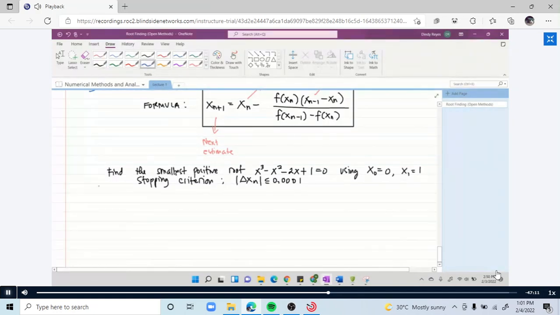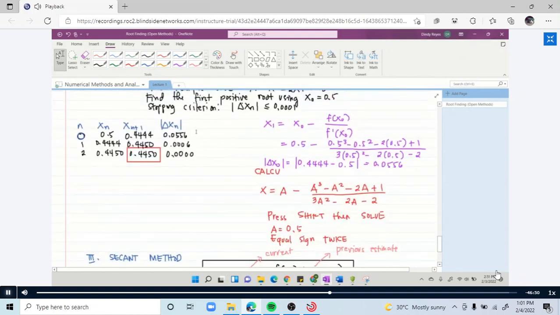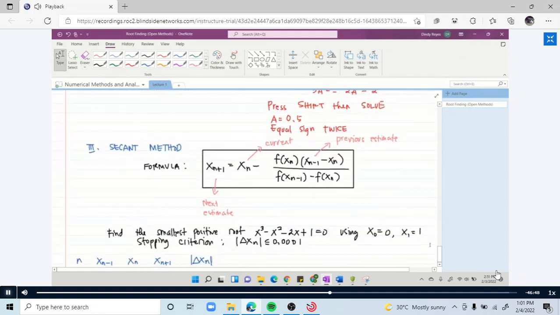Okay? Our table will now be consisting of 5 columns and x sub n minus 1. Meron na nun. X sub n plus 1. And of course, the delta x sub n. Okay? Kanina ilang iterations? 3.